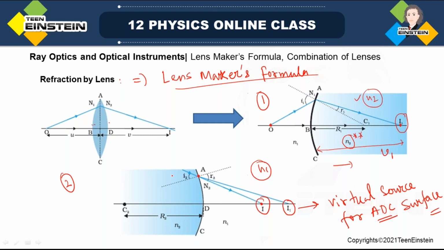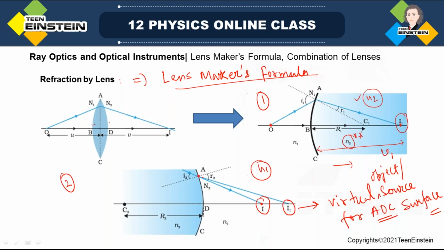What is the second step? In the second step, you can see this I1, the real image which was formed by the refraction at ABC, will act as a virtual source or virtual object for the ADC surface.